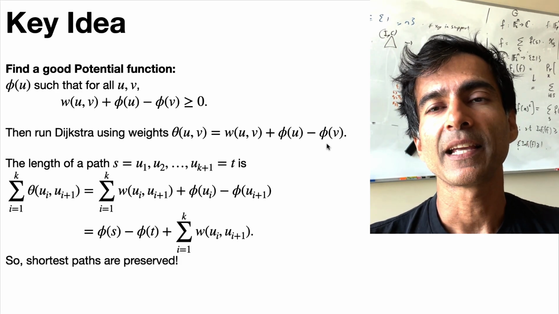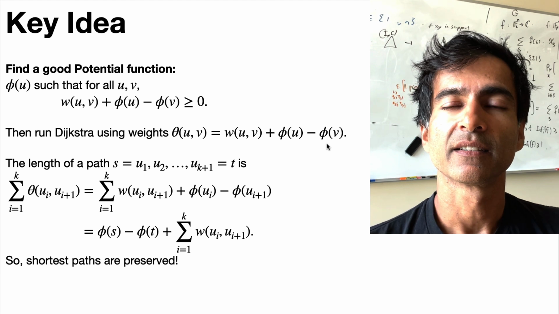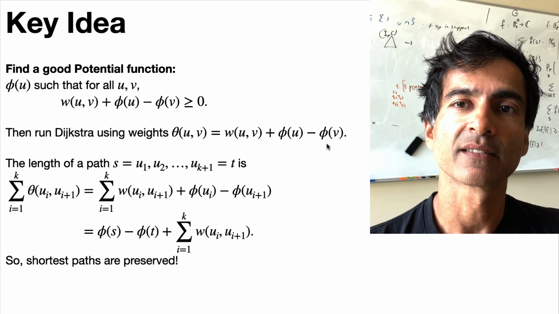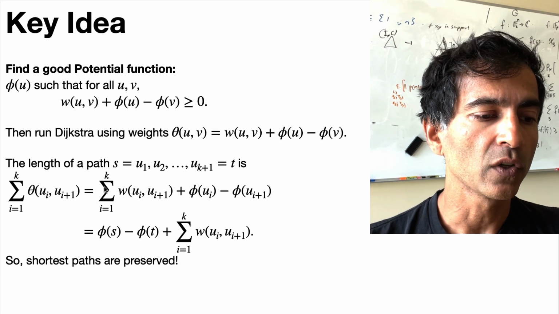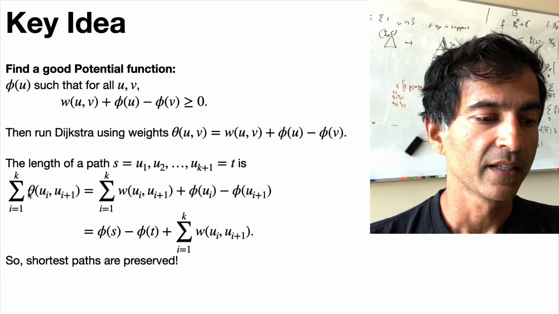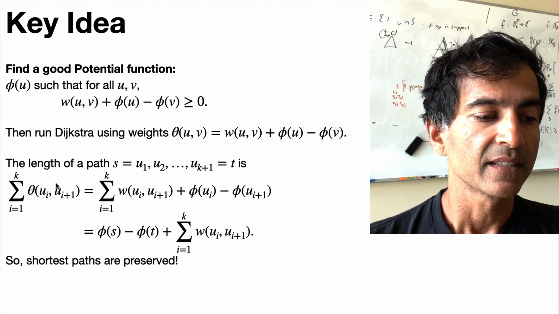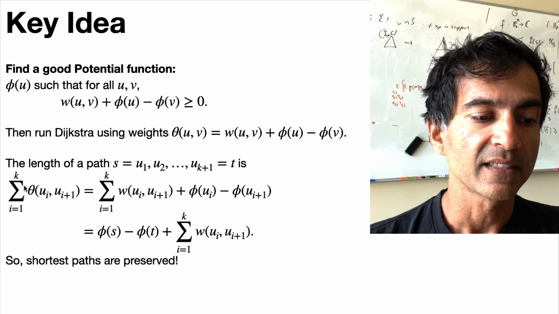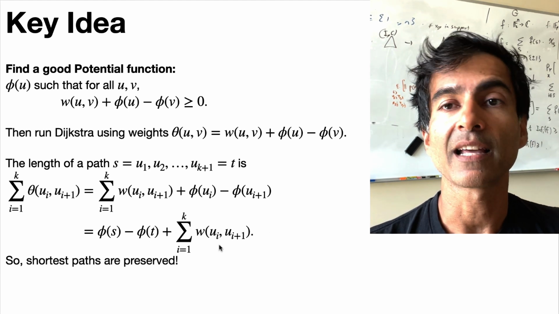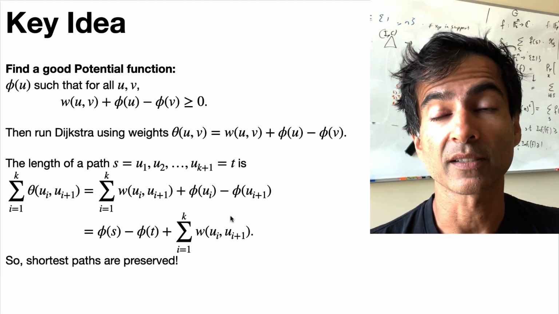And moreover, the claim is the shortest path with the new edge weights is also a shortest path with the older edge weights. And that's because if you look at the length of any path under the new edge weights, it's equal to phi of s minus phi of t plus the length of the path under the old edge weights.